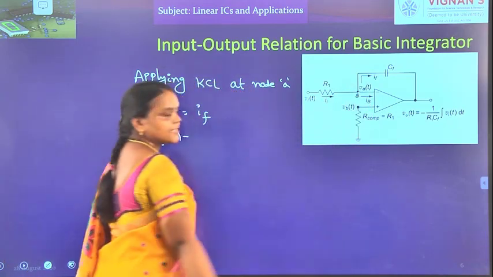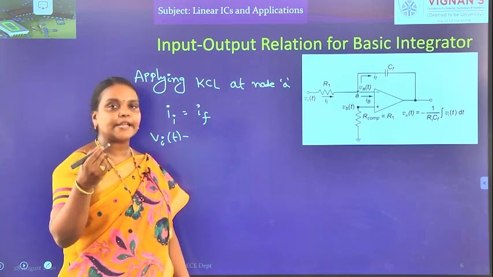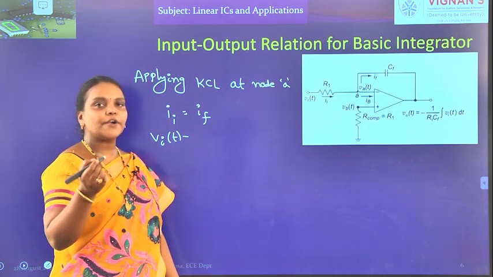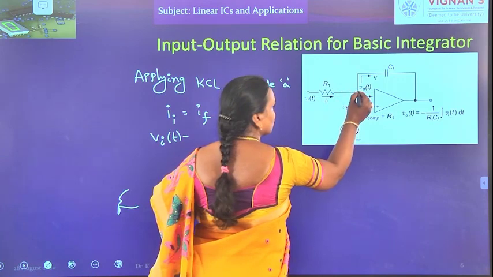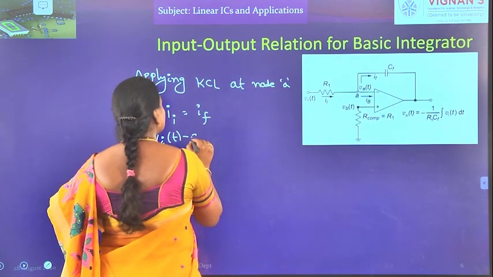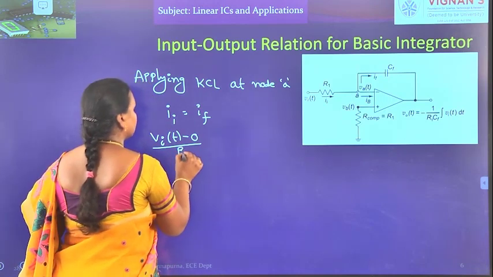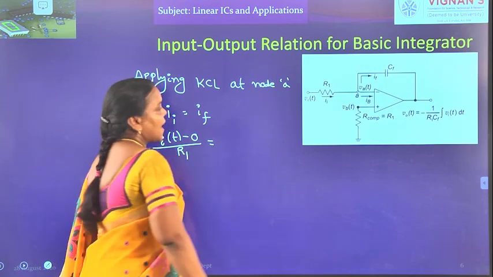This node voltage is 0, because the non-inverting terminal is directly connected to ground, which means the inverting terminal will be at ground according to the virtual ground concept. So, this is at 0 volts, so this is 0 by R1. So, that is equal to IF.